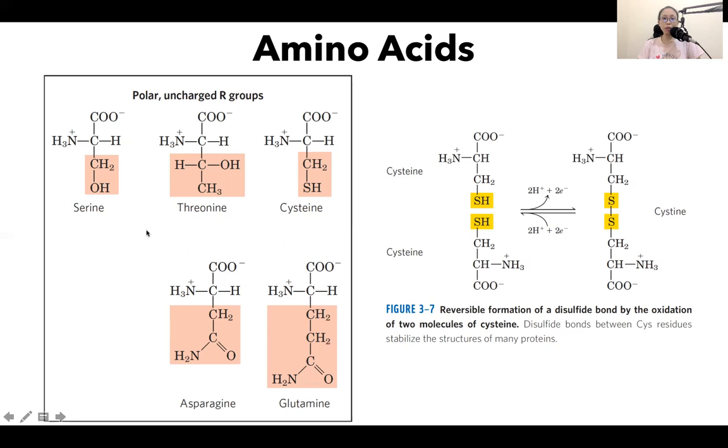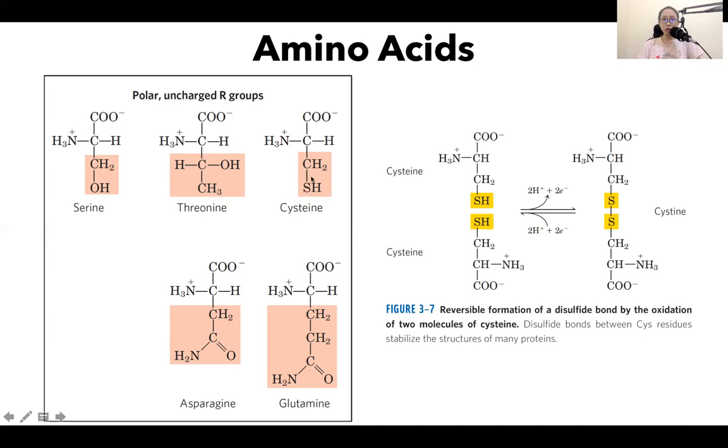If we observe their side chains, we see polar functional groups such as the alcohol in serine and threonine. We also have thiol in cysteine, and in asparagine and glutamine, we see an amide functional group. So these are all polar functional groups.